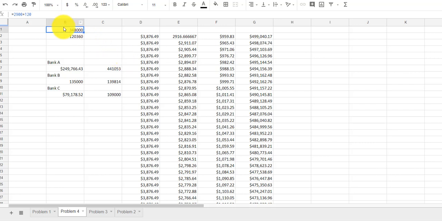Okay, so when Tiger looks at the first loan to Bank A, they look at simply the $2,900. It's going to be the future payments times 120. So first thing you do is to test it to see if there is a troubled debt restructuring. The total cash to be paid is $348.